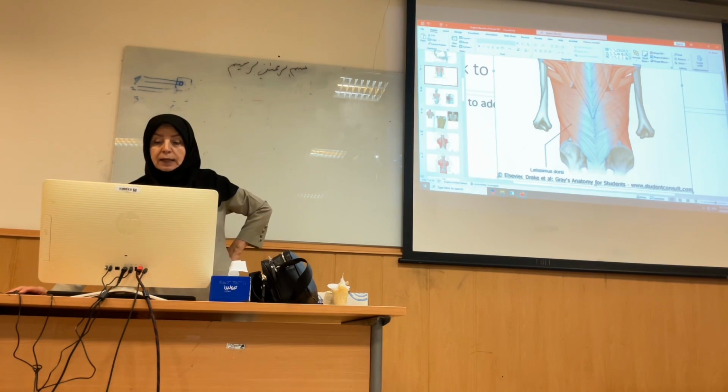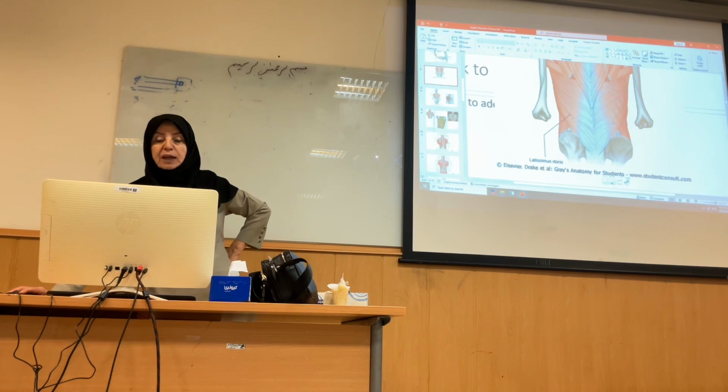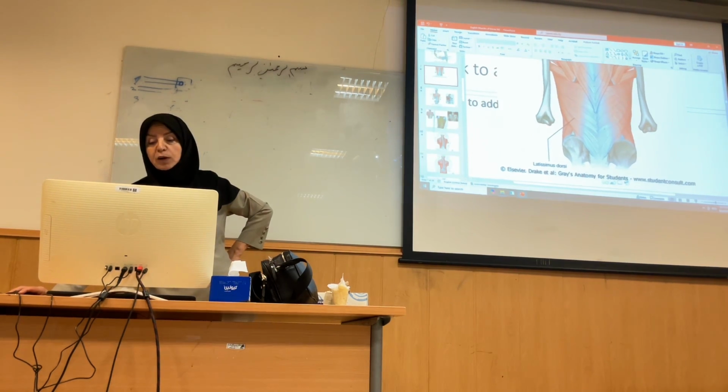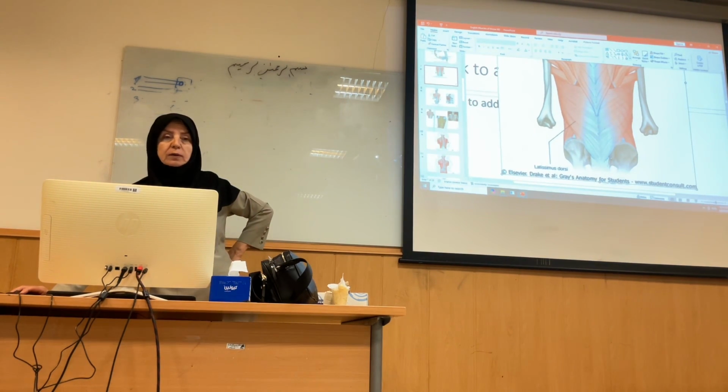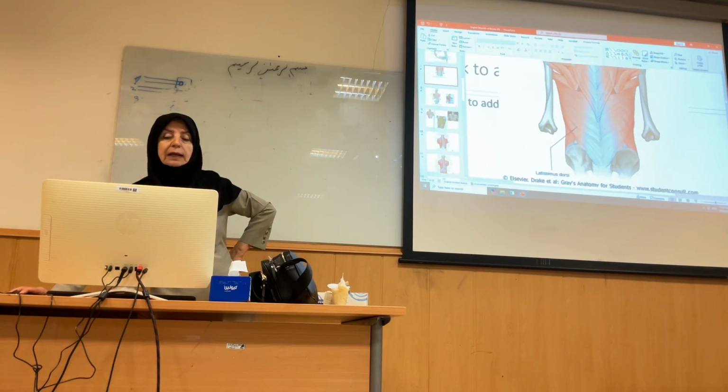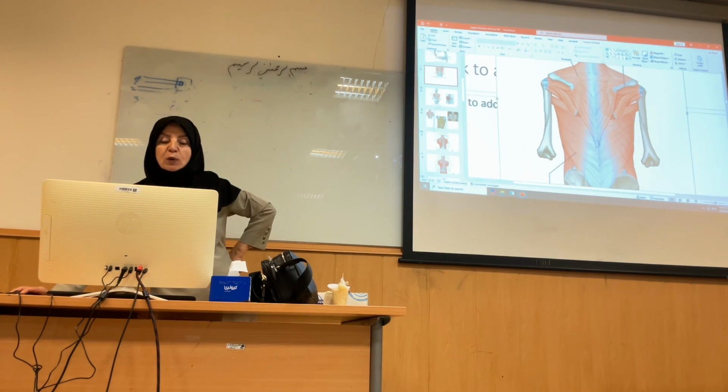Lumbar. Some of them are going to attach to the sacrum, to the iliac crest, the anterior part of the iliac crest or the posterior part? Posterior. To all of the spinous processes of the lumbar region, and to the inferior 6 spinous processes of the thoracic vertebrae.